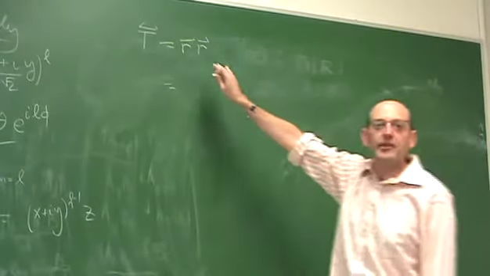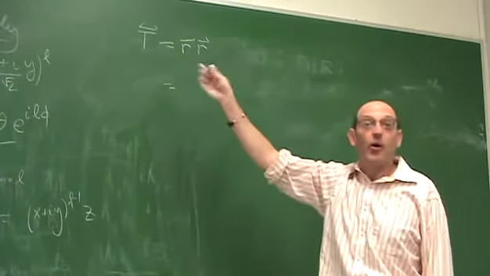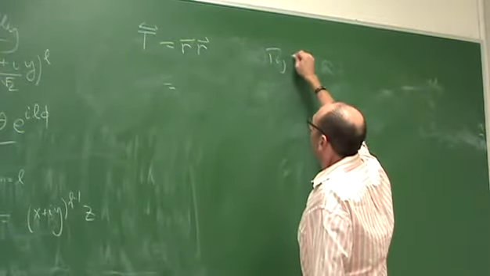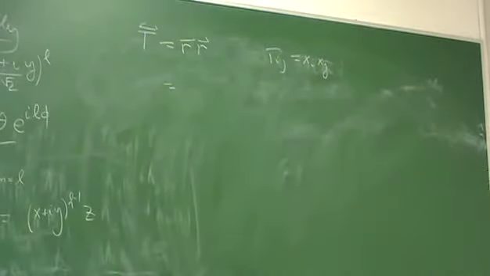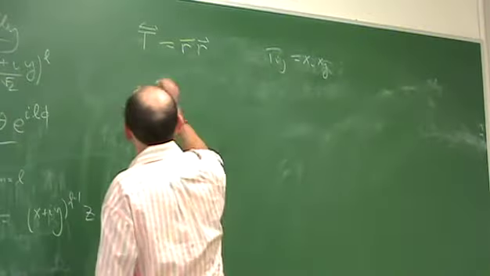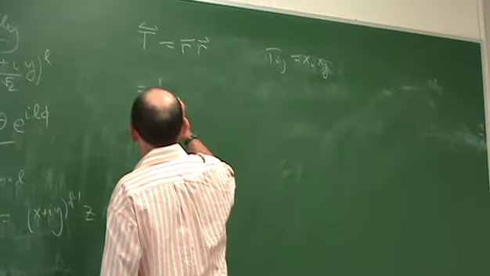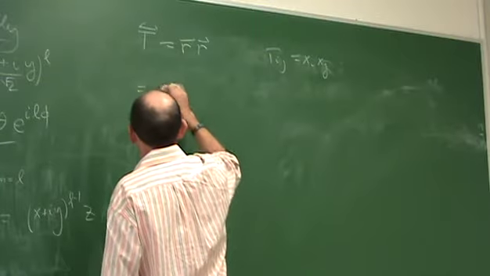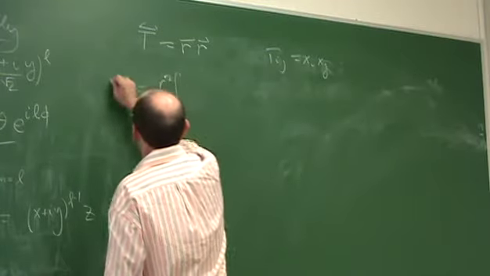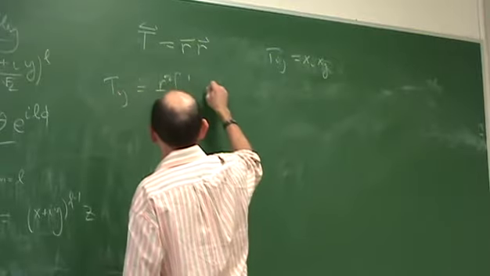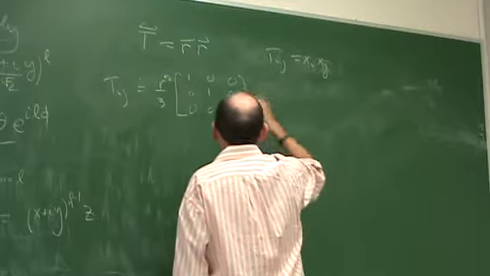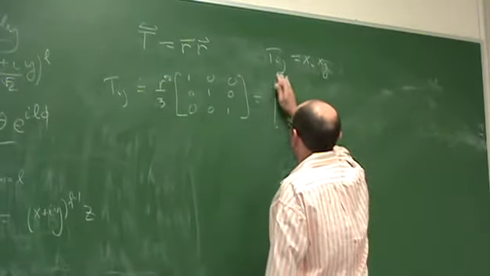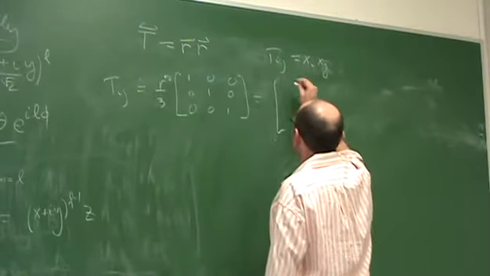This is a symmetric tensor, so there's no antisymmetric part of this. D_ij in Cartesian coordinates is x_i times x_j. So if I were to write out this matrix as a 3×3 matrix, I can break it up into its irreducible pieces, and it would look like this.